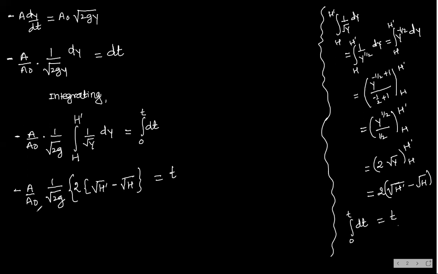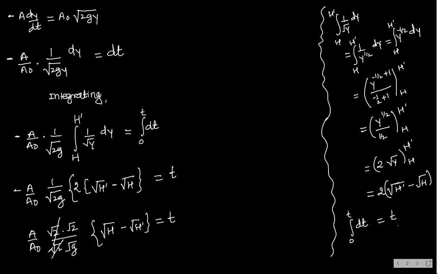Next step. This a by a naught, this minus and this 2 here. So this 2 I am writing as root 2 into root 2, divided by root 2 into root g into bracket, minus I have multiplied. So I am getting here root of h minus root of h dash, which is equal to t.